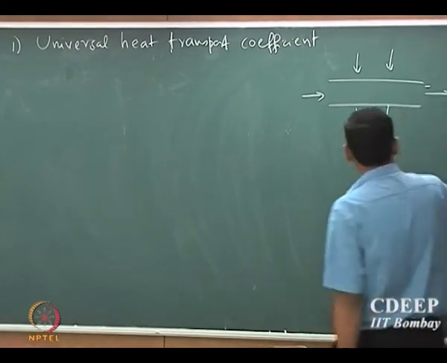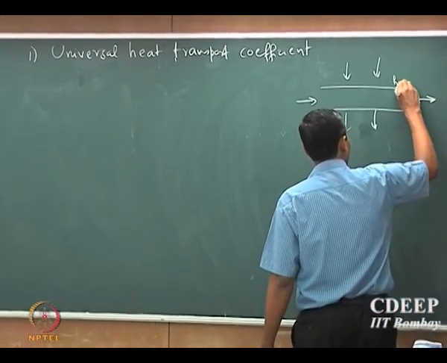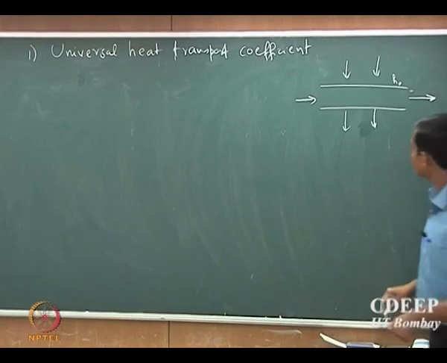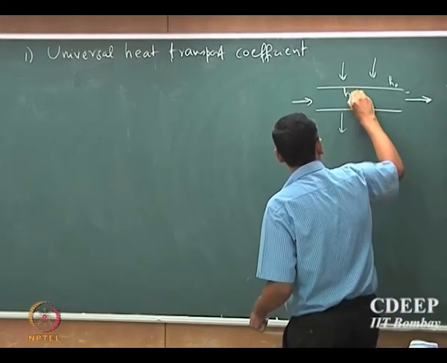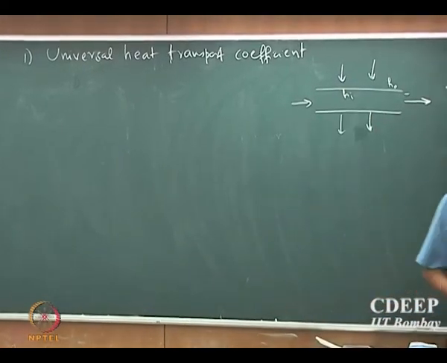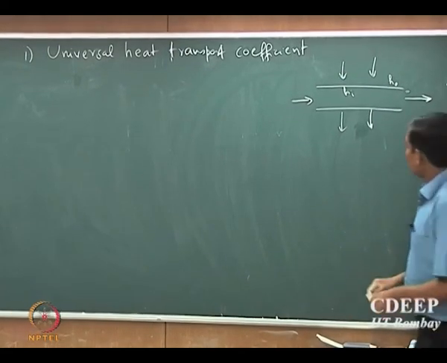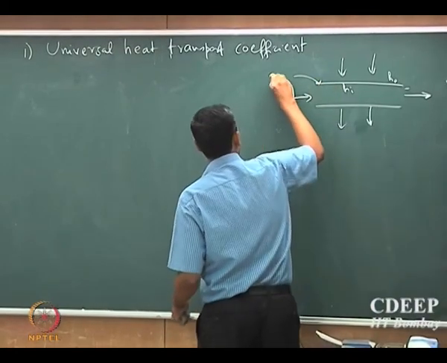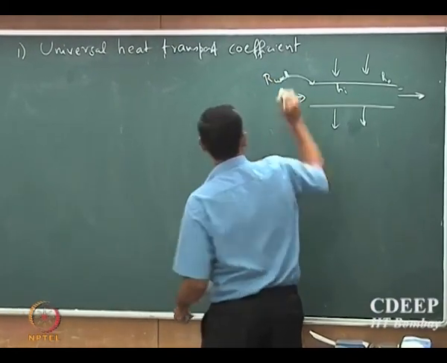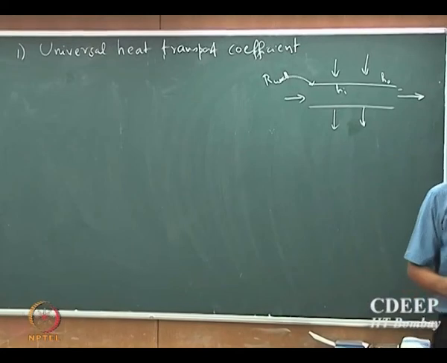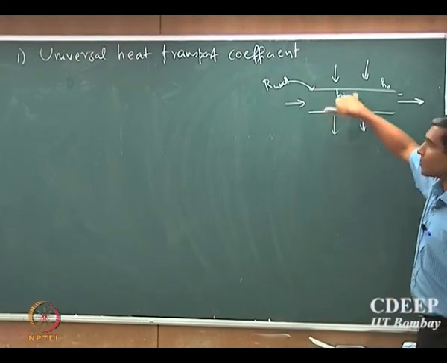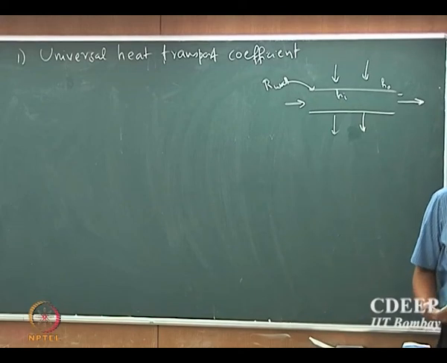Okay. So, I can always define an outside heat transport coefficient H0, and an inside heat transport coefficient Hi, and a resistance that is offered by the wall for heat transport. That comes from the conduction in the wall, and these two come from convection driven heat transport.